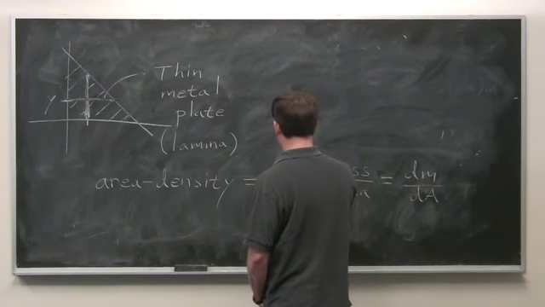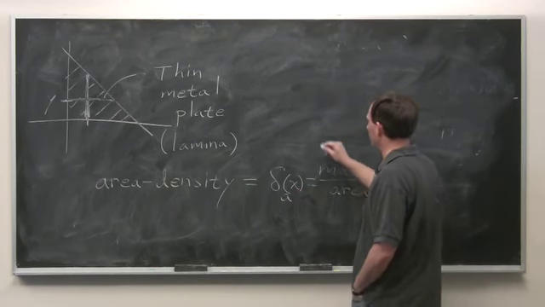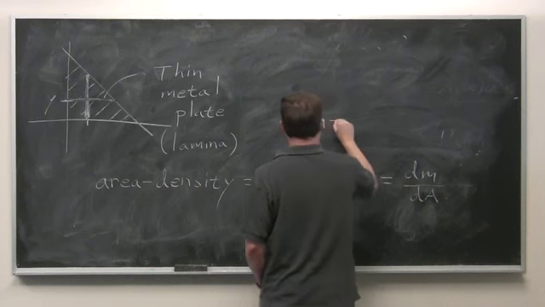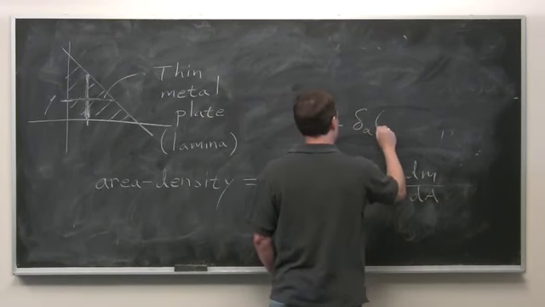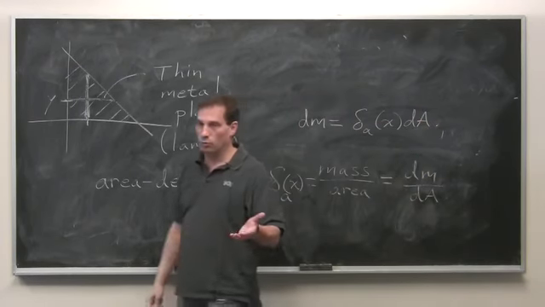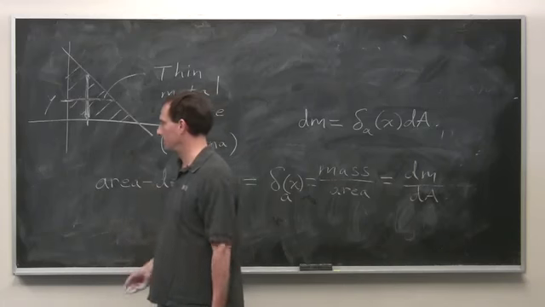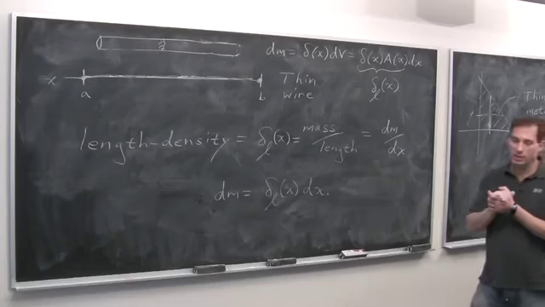But one way or the other, we have to turn it into a one-variable problem. And then, of course, we'll read this as the infinitesimal contribution to the mass is the area density function times area. Okay, so let's just do one problem of each kind, and then we'll be done with this section.